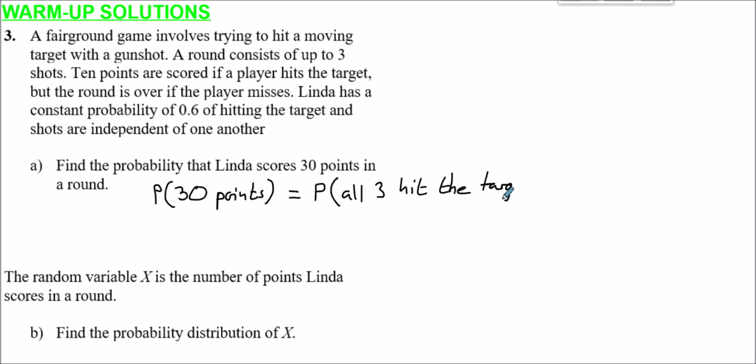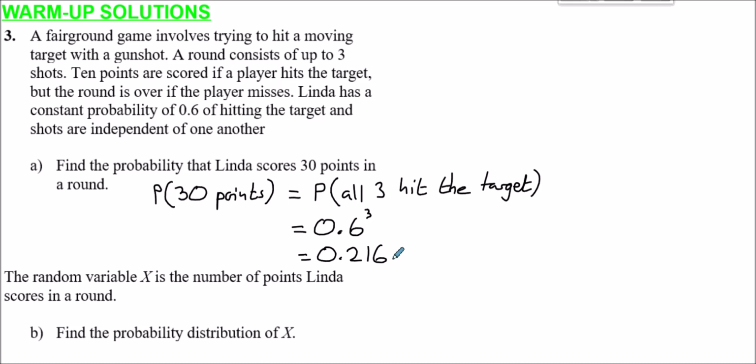So the probability of hitting the target once is 0.6. So hitting it twice would be 0.6 squared. Hitting it 3 times in a row would be 0.6 to the power 3. And so that's going to be 0.216.